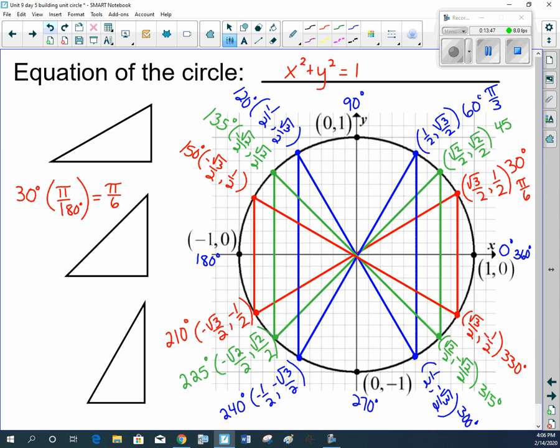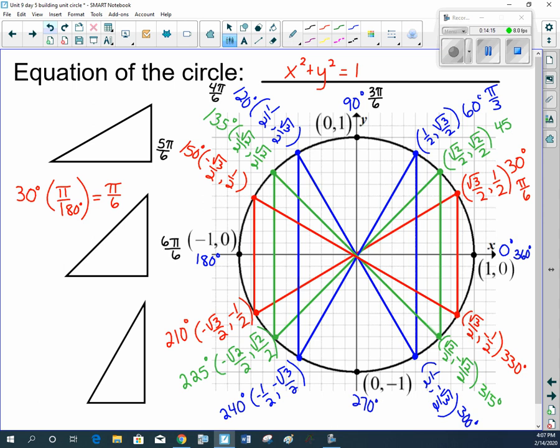So let's go back to 30. 30 was 1 pi over 6. 60 was 2 pi over 6. That means 90 is 3 pi over 6. 120 would be 4 pi over 6. 150 would be 5 pi over 6. 180 would be 6 pi over 6.